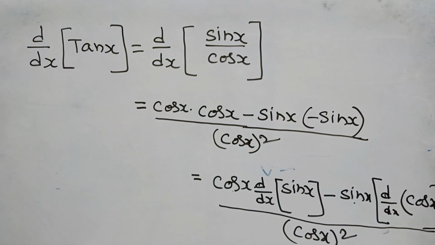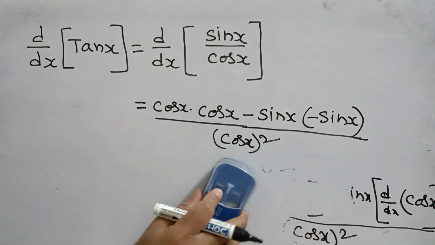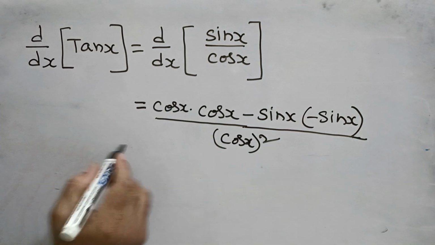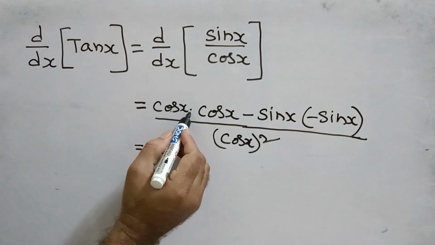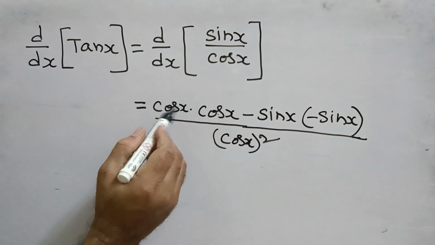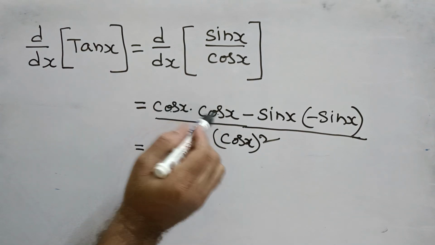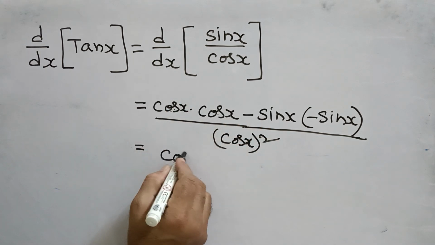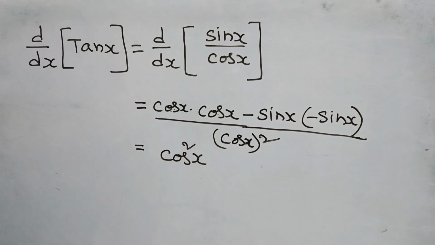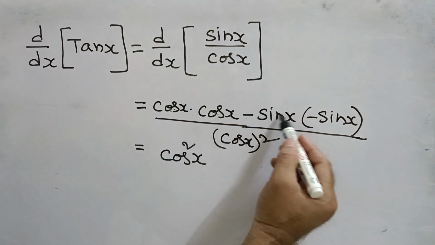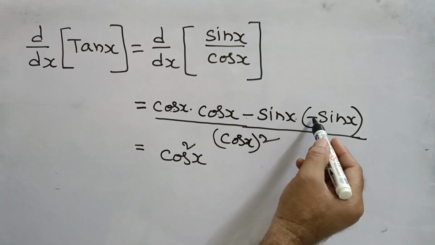Understand? Then what is the final step? This is the final step I am going to finish now. This is equal to cos x into cos x, both are the same, no? Cos x into cos x, like 2 into 2 is 2 square, similarly cos square x. Then here the minus symbol is there, sin x multiplied by minus sin x.